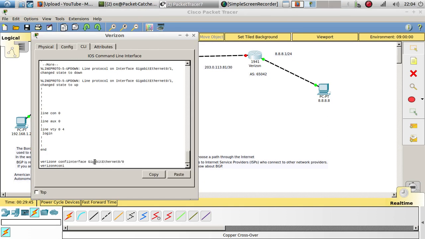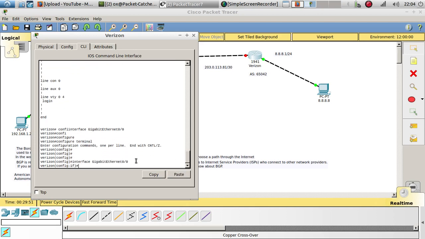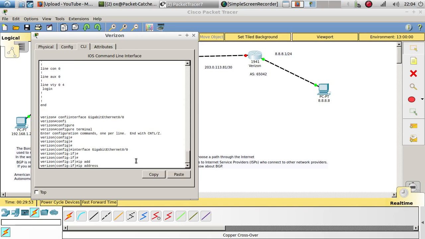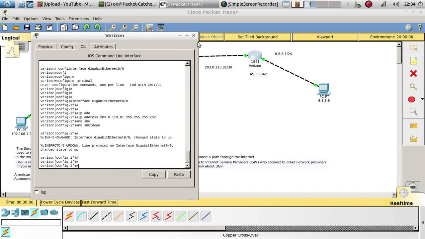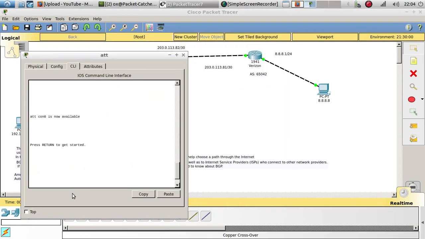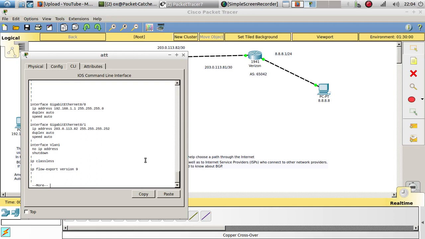If you do a config terminal, paste that over here, IP address of 203.0.113.81/30. Now no shutdown. Now let's see if this one is configured correctly. And no, it's not. This one needs to be 0/1.